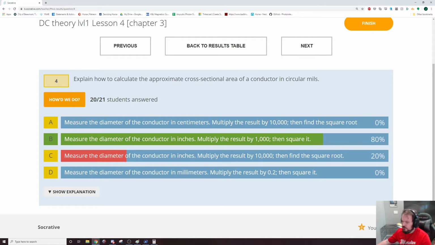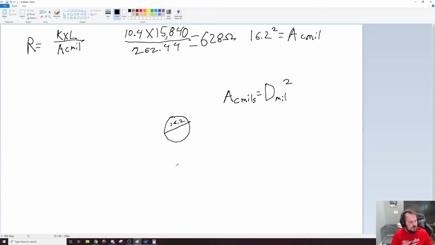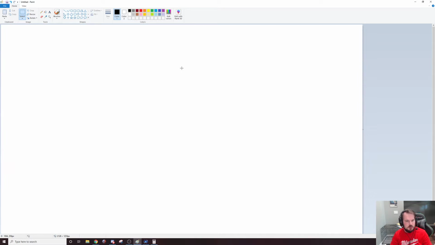So if, for example, back to my whiteboard. Where's my delete? Okay. So let's say you have a wire that is 0.5 inches across.